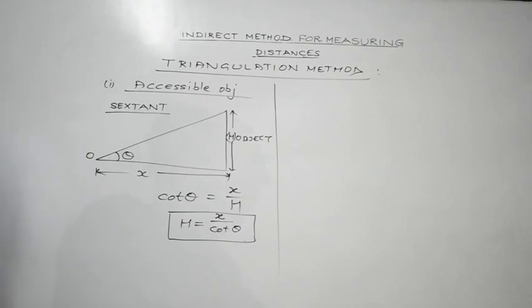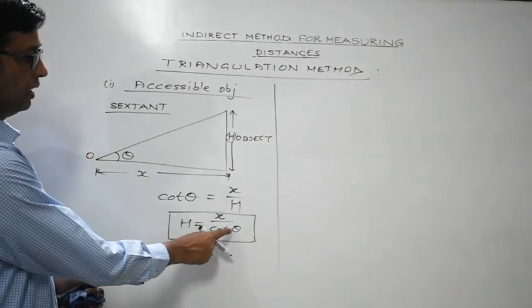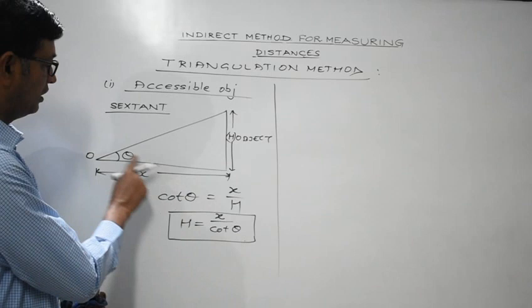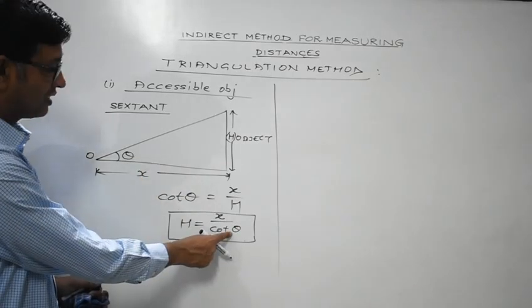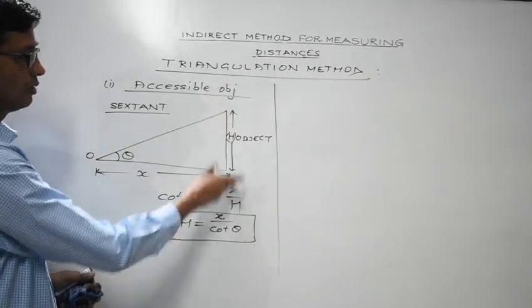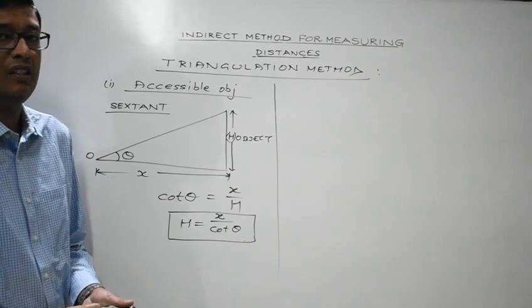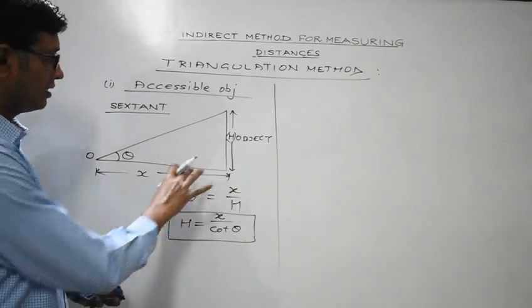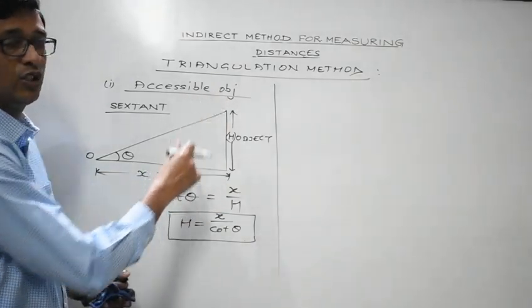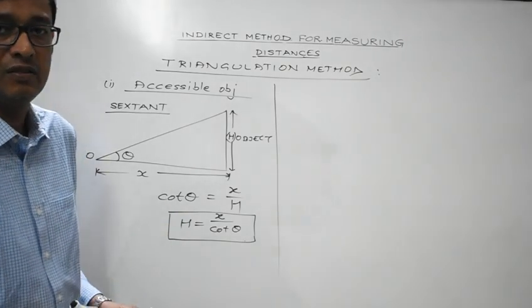This is the formula. By substituting the value of theta, which can be easily determined by using a sextant, and x is known to us, the height of that object can be easily calculated, right? This is to find out the height of an accessible object.